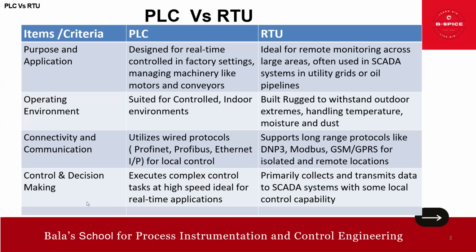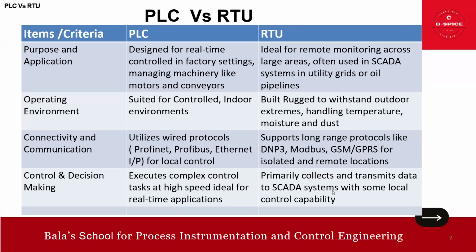Right, good. Then control and decision making. Basically, the PLC executes complex control tasks. Of course, not as complex as a DCS, but it executes complex control tasks at high speed, ideal for real-time applications. Here in the RTU, it primarily collects and transmits data to the SCADA system with some local control capability.